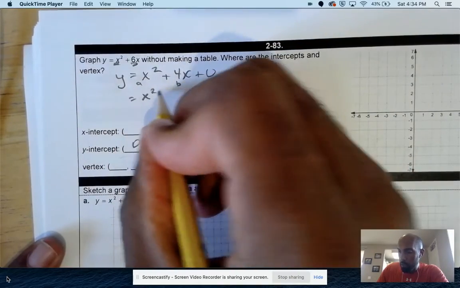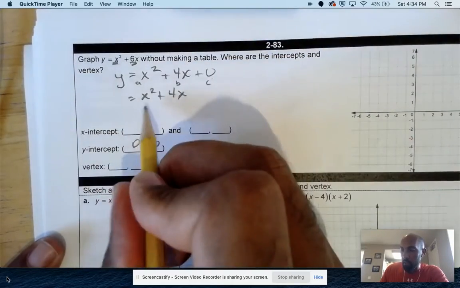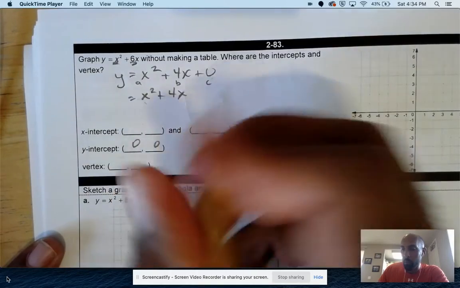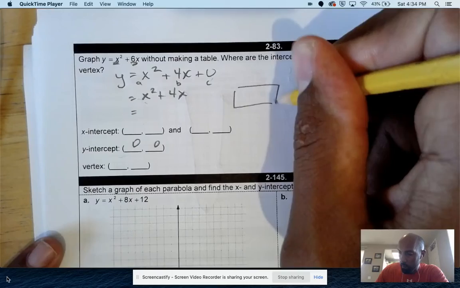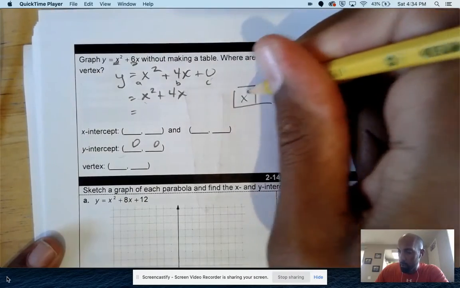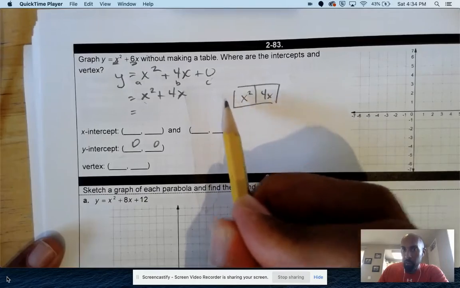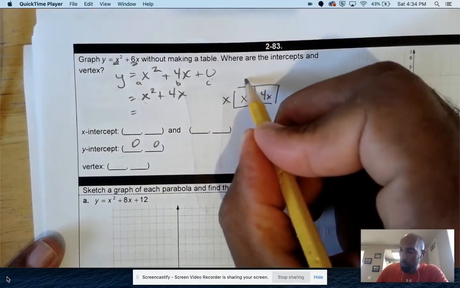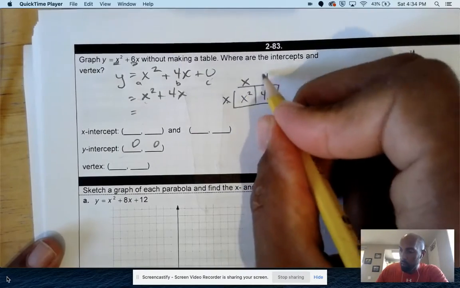Okay? So what we're going to do is factor it, just like if we had 3 terms. And the good thing with 2 x terms like this, since they have x in common, we can just factor out an x, kind of like when we do the box, or just a 1 by 2 box. And you figure out, okay, what is the common factor here? Well, it's just x. And then x times what gives me x squared? Well, it's x. x times what gives me 4x? That's just 4.